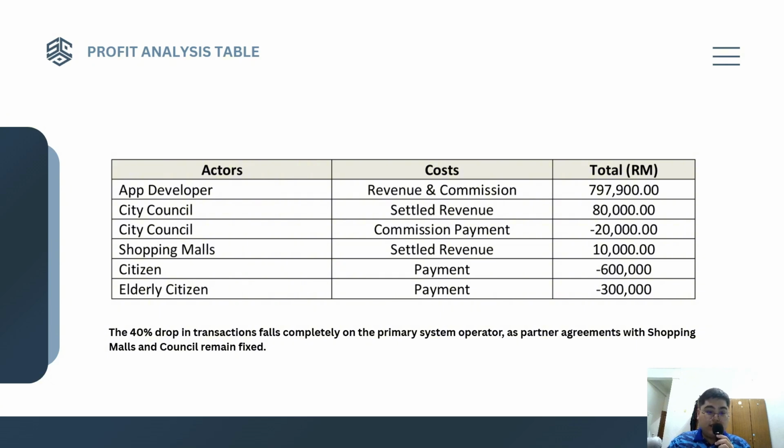The citizen and elderly citizen payments severely drop by 40%: citizens pay roughly 600,000 ringgit per year, and elderly citizens pay half of that, which is 300,000 per year.